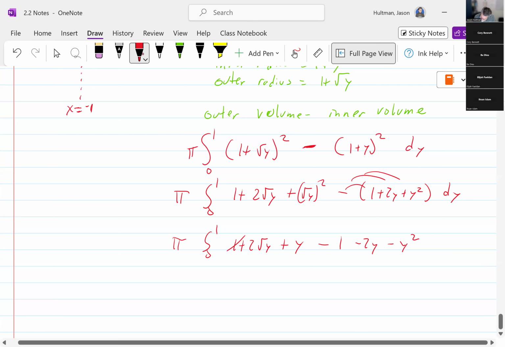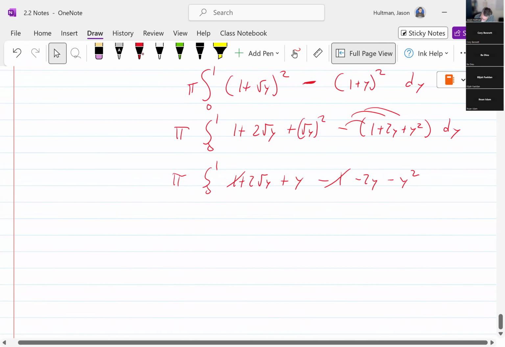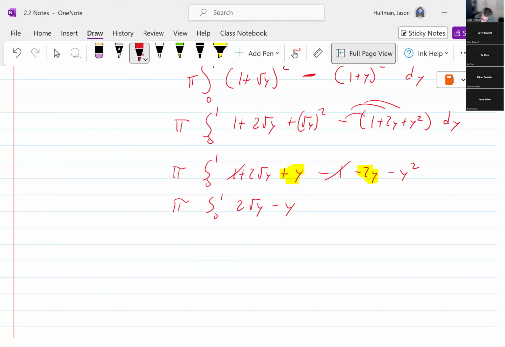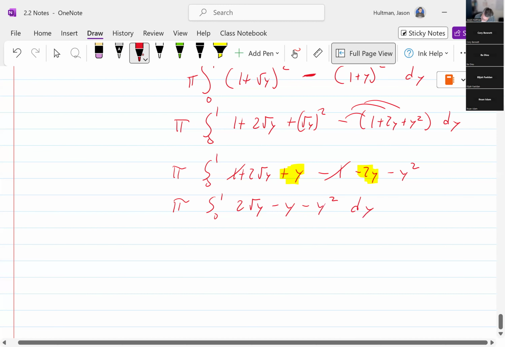The ones are going to cancel. I'm left with pi times 0 to 1 of 2 radical y. The y here and this y here will combine to a negative y, and then I get minus y squared dy.